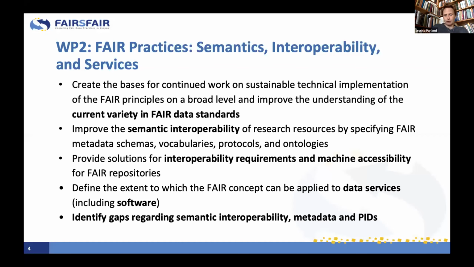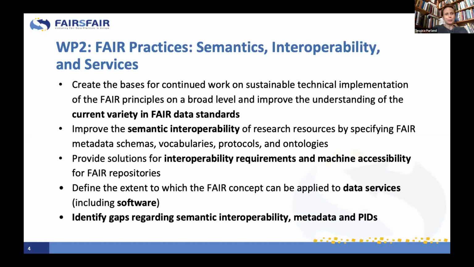This work is closely linked to the RDA Vocabulary Services Interest Group, and very interesting discussions are ongoing there. So please, if you're interested, jump on to those. And we're having workshops also in FAIRSFAIR on that theme.